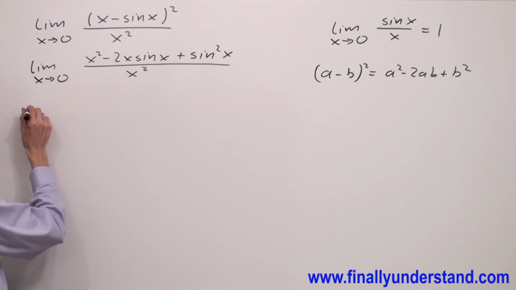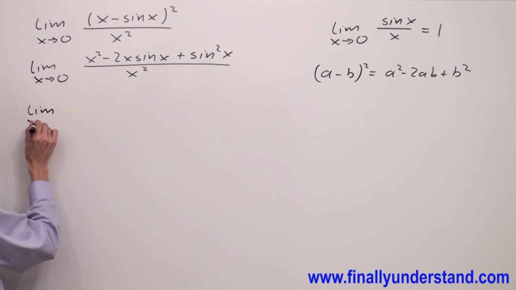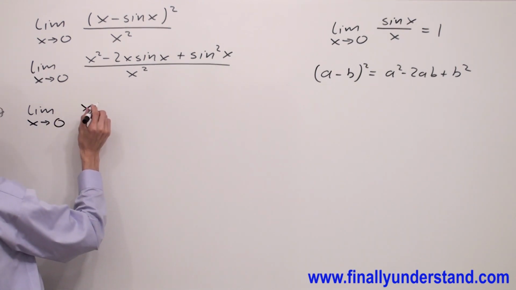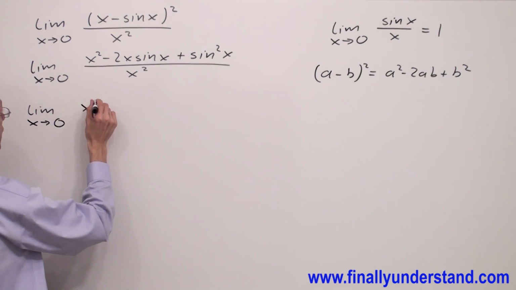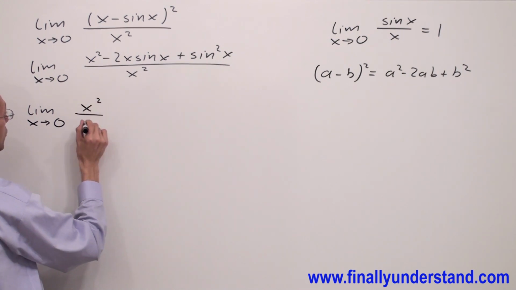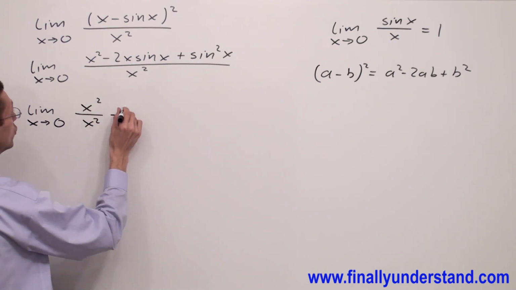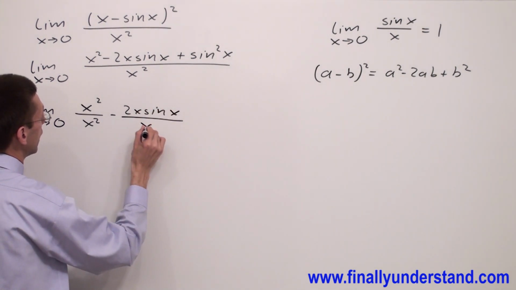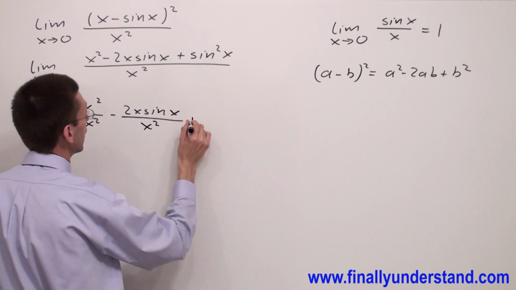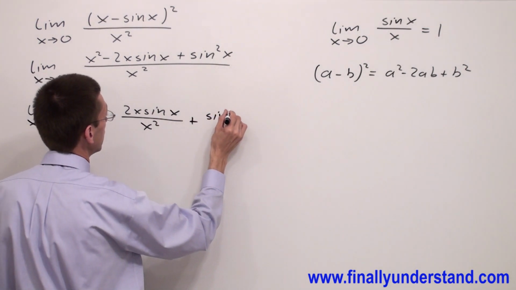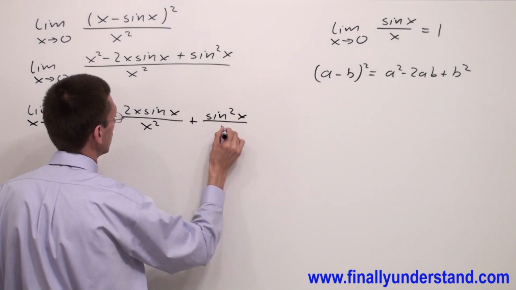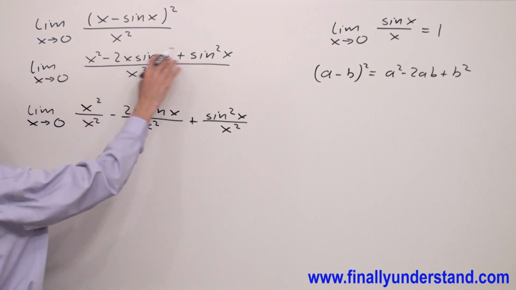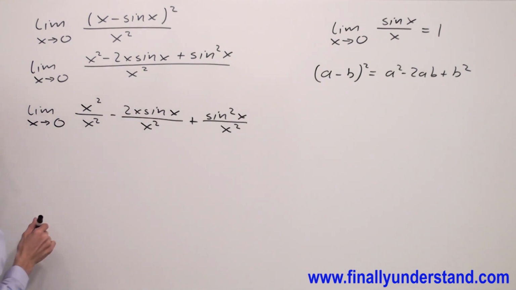And I'm going to have the limit as x approaches 0, and let me write this step by step. I have x squared over x squared minus 2x sine x over x squared plus sine squared x over x squared. Okay, because I divide the polynomial by the monomial.